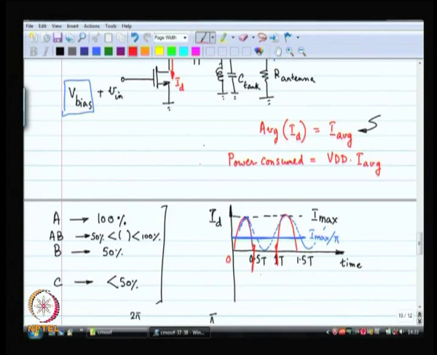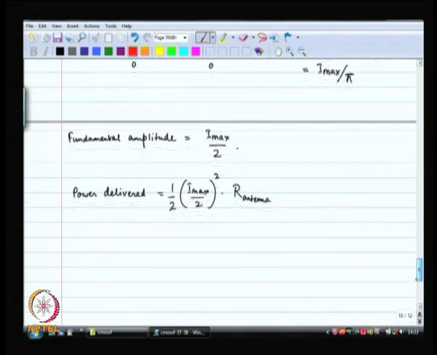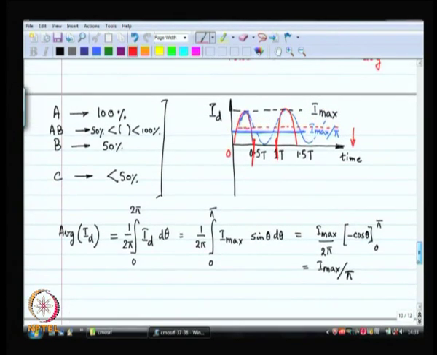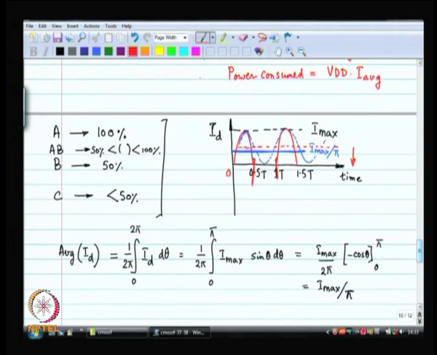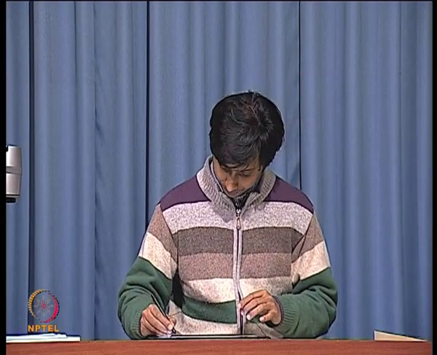So, therefore, I max by 2 is how much you have got as far as the amount of deviation that you have got in terms of voltage, in terms of the average voltage.